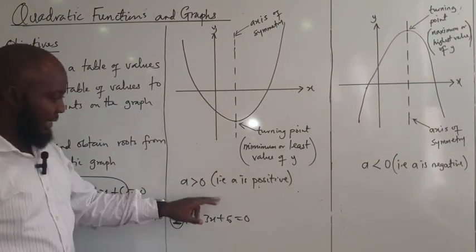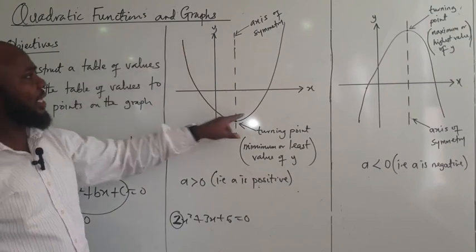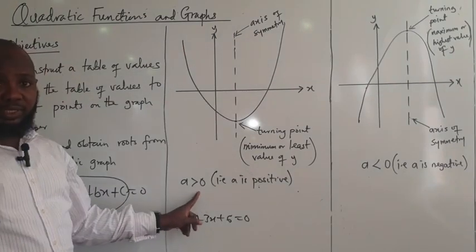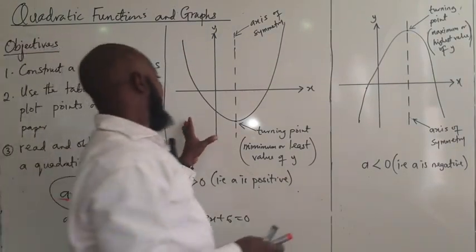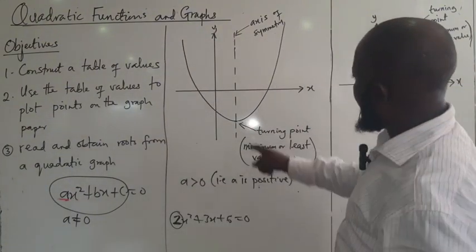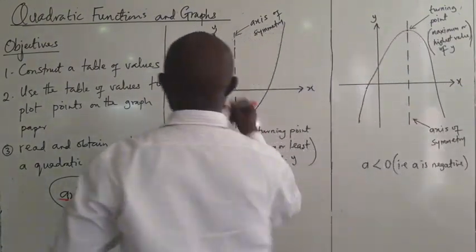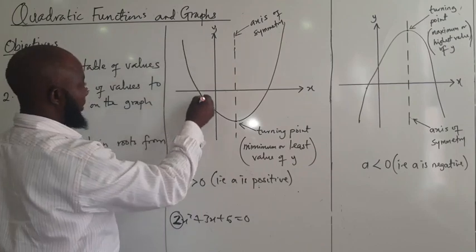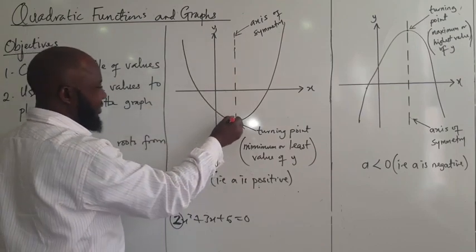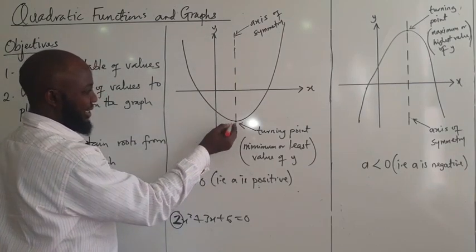So in that case, this is the type of graph we're going to have. This type of graph, you see these points, the graph is sloping down, coming down, to get to a particular point where it will change direction.